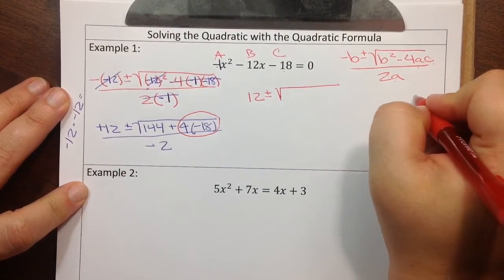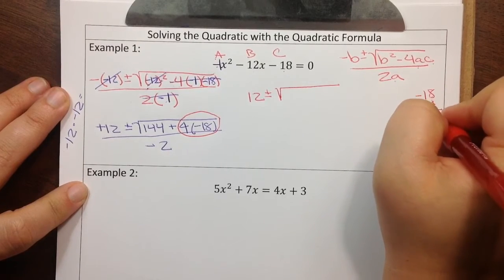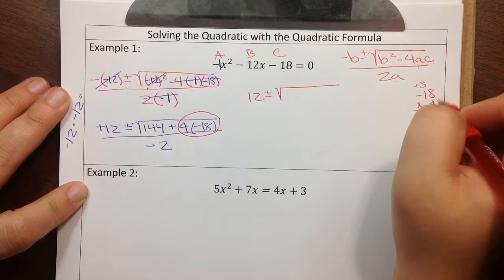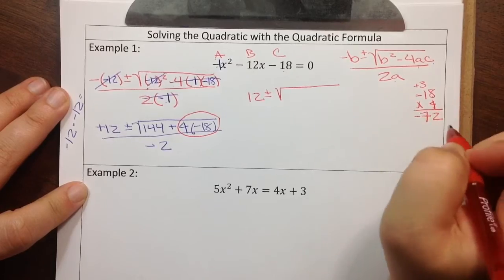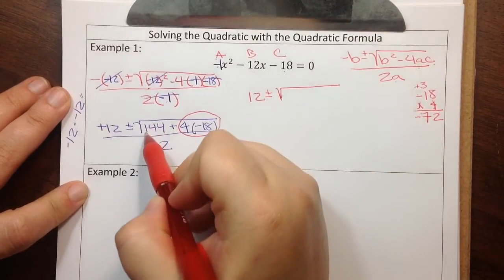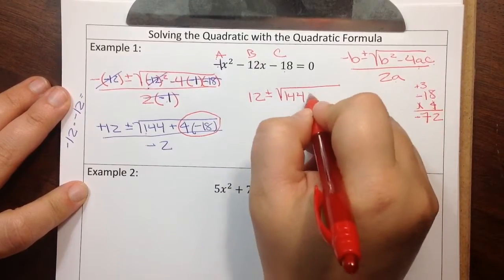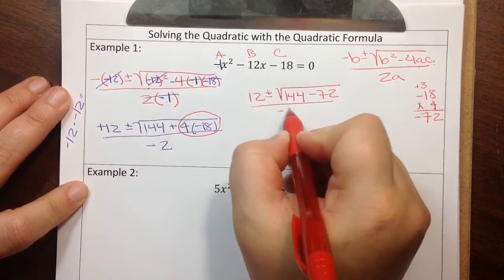So I can go off to the side and say negative 18 times 4. 8 times 4 is 32. Put down my 2, carry my 3. 1 times 4 is 4, plus 3 is 7. A negative times a positive is a negative. So now I have negative 72. So that 144 stays. That minus 72 comes over here. Divided by that negative 2 just stays the same.